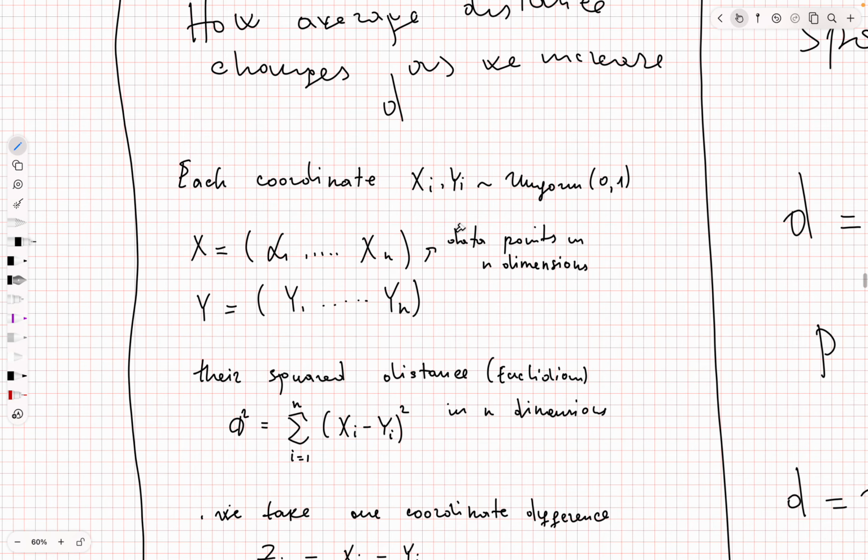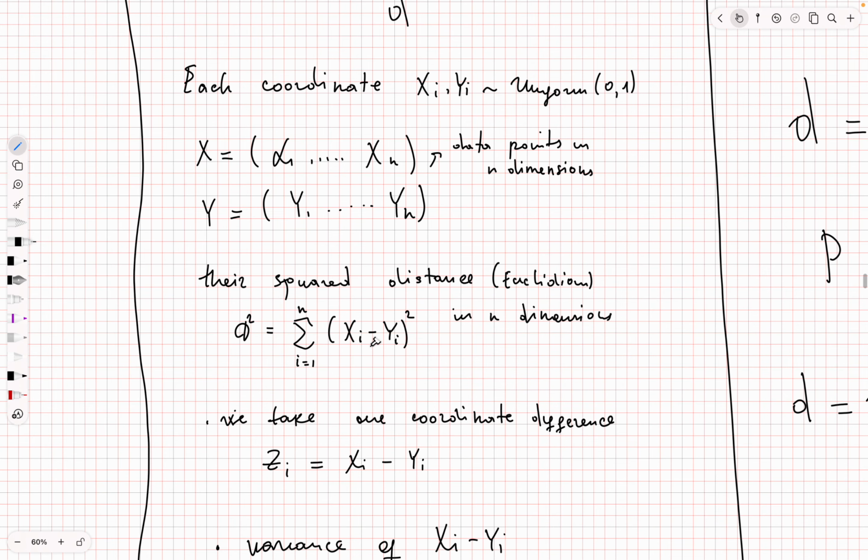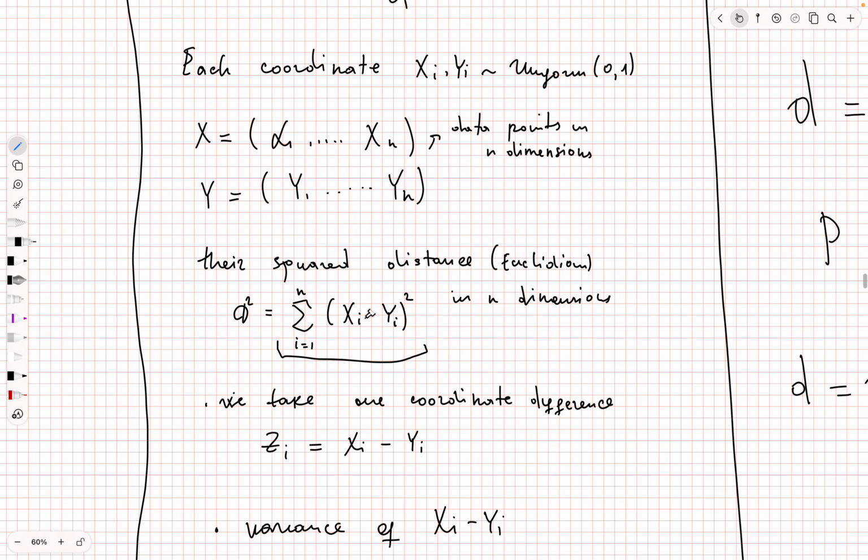And we can look at the Euclidean distance between the points in n dimensions. Basically, the squared Euclidean distance we're looking at here is calculated like this. We just subtract each component from the corresponding component of the other point, and then we sum them.